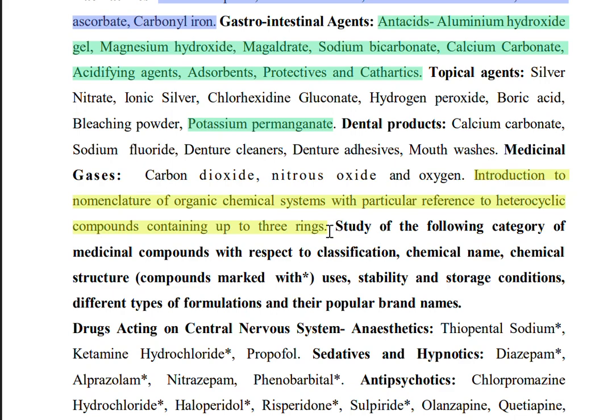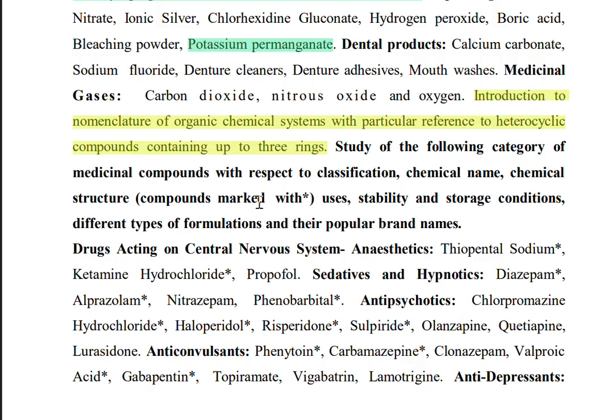So you have to focus on up to 3 rings only. Heterocyclic means it may contain atoms other than carbon, hydrogen, oxygen, such as sulfur, nitrogen, and so on. Heteroatoms may be present in up to 3 rings only.